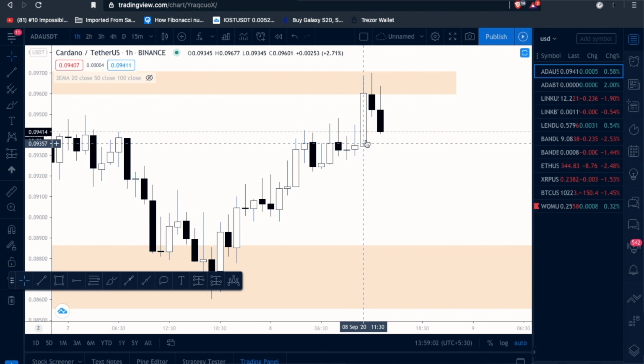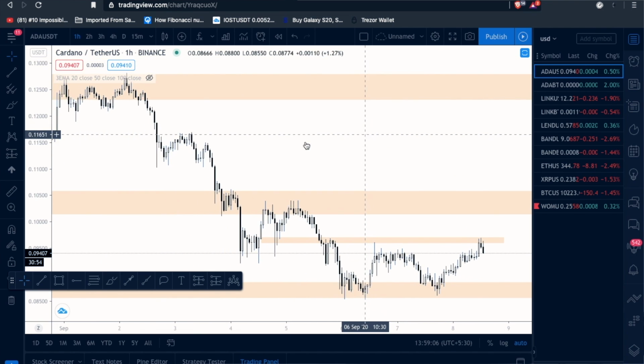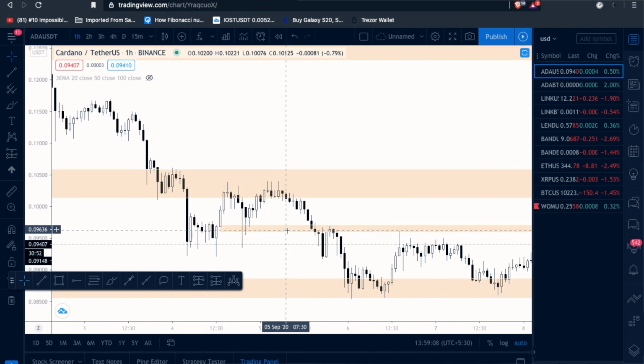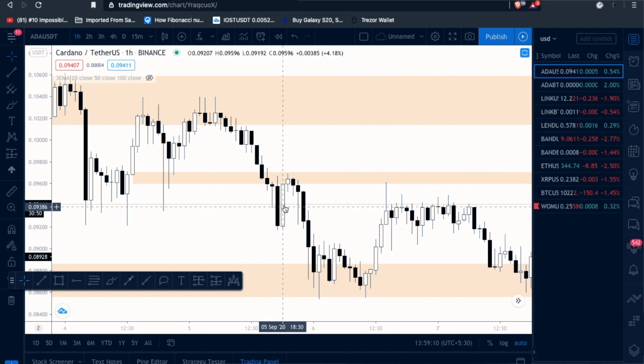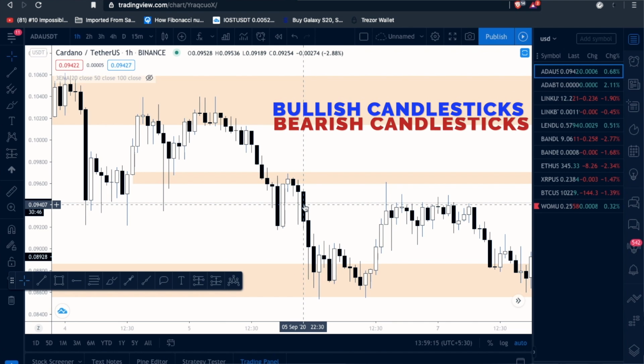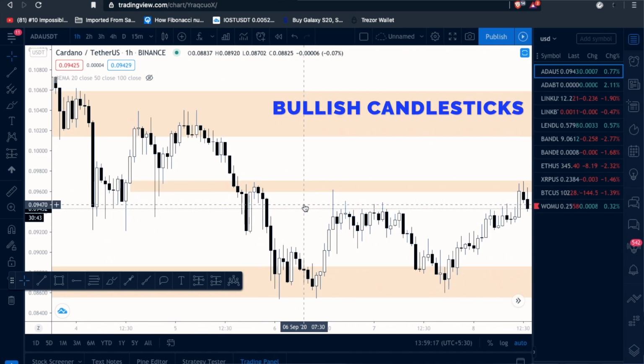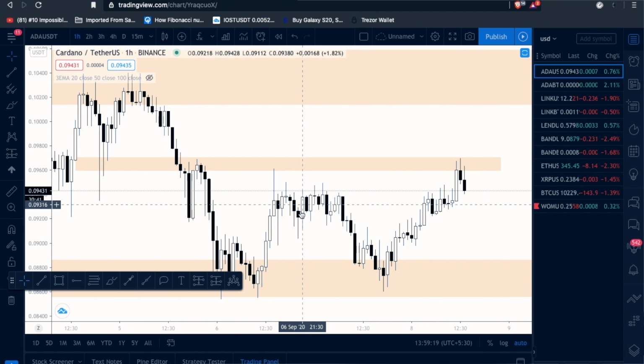Now, many of you may be wondering, why are there different colors to my candlesticks? Like some are white and some are black. Well, there are two different types of candlesticks, bullish candlesticks and bearish candlesticks. The candlesticks which move up are called bullish candlesticks, or when the price moves up, it is called a bullish price movement.